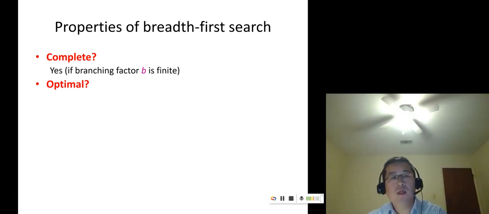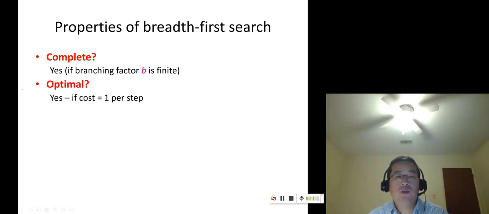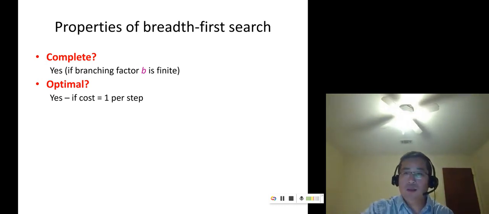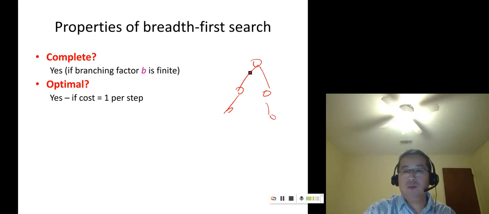Shallowest solution. So that means yes, if the cost is equal to 1 per step, that means each move from one node to the next node has the same cost. It's a unit. But if, for example, like we said, from Long Beach to New Orleans, the cost is the weight, just the distance between two cities, then we cannot use that one.